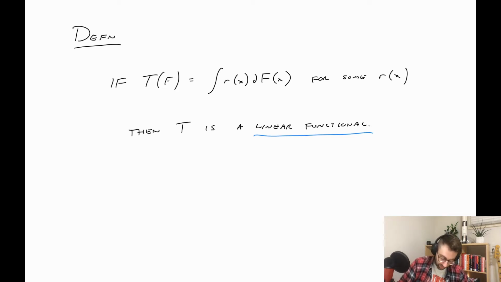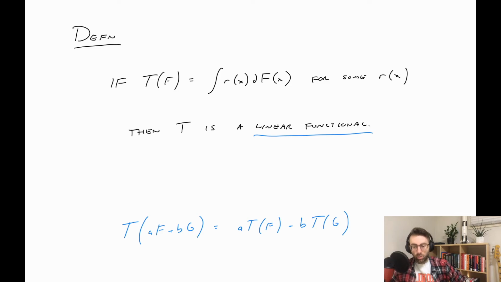It's that way because T's that satisfy this have this property here: T of af plus bg equals a T of f plus b T of g. When something is a linear functional, we'll see in a second that it makes life a lot easier.